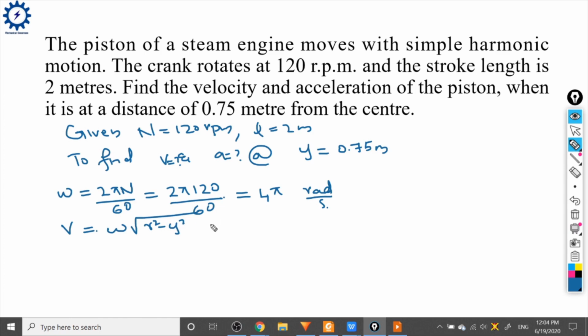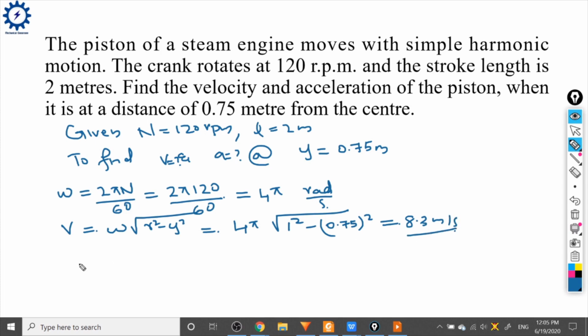Substitute the values. It is equal to 4 pi root, r value is 1, square minus y square. Y square is 0.75 square. 8.3 meter per second.